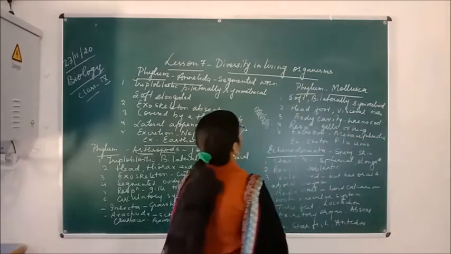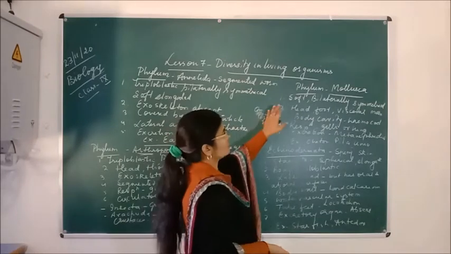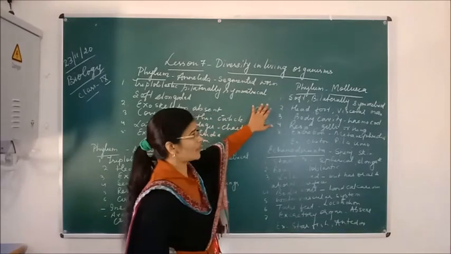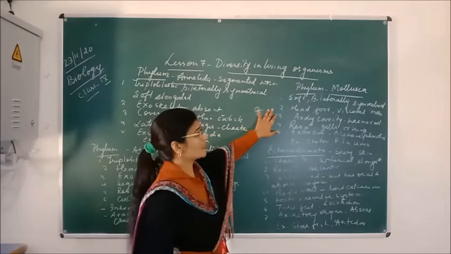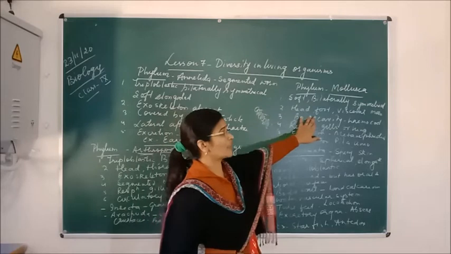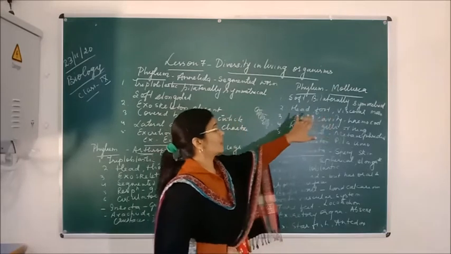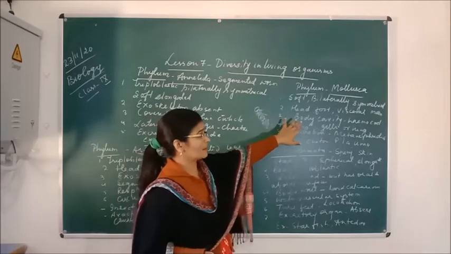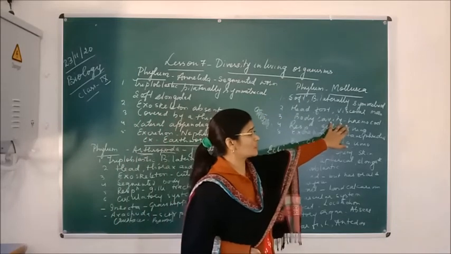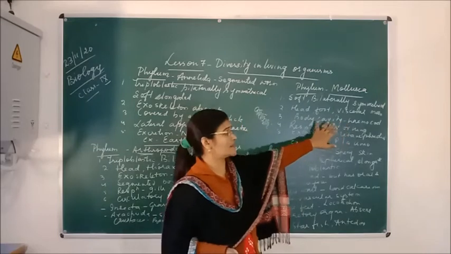Next we will take phylum Mollusca. In molluscans the body is very soft, bilaterally symmetrical in nature, and the body is divided into head, muscular foot and visceral mass. Third main feature is that the body cavity is called hemocoel. Hemocoel means blood is filled inside.